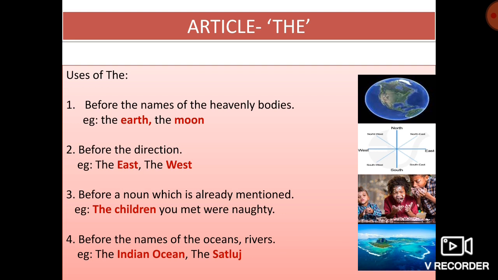For example, the children you met were naughty. It means you have already met the children you are talking about. Next, before the names of the oceans, rivers, like the Indian Ocean, the Satluj. Here, Indian Ocean is an ocean and Satluj is a river.